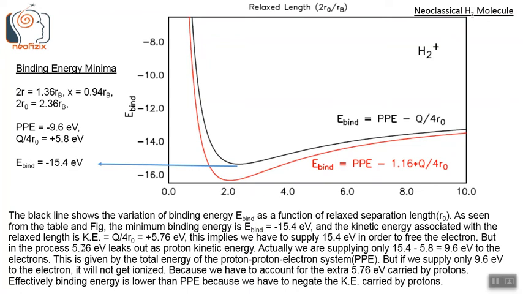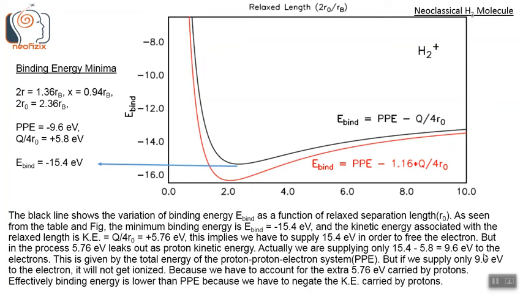But in the process, 5.76 electron volts leaks out as proton kinetic energy. Actually, we are supplying only 15.4 minus 5.8, that is 9.6 electron volt, to the electrons. This 9.6 is given by the total energy of the proton-proton electron system, that is PPE equals minus 9.6 electron volts. This is the total energy of the system.